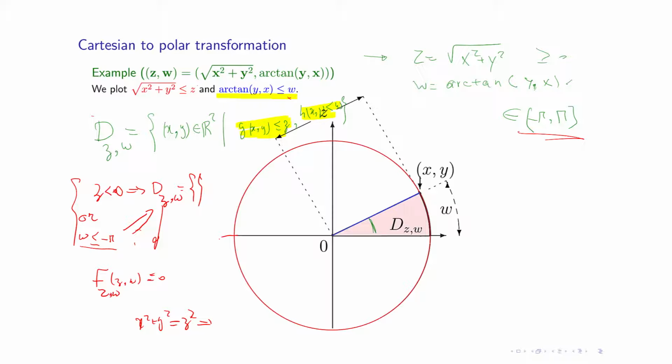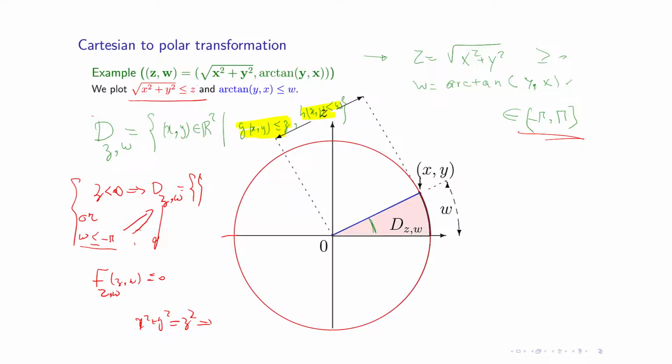The equality means a circle with a radius of z, and because I have an inequality, it means all the points inside the circle and on the circle.